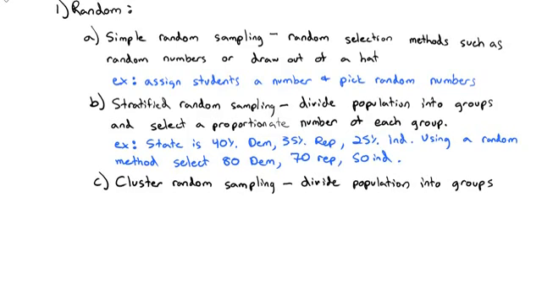But this time, instead of selecting a proportionate number of each group, we are going to randomly select entire groups. So everybody in some groups are included, and everybody in other groups are excluded.